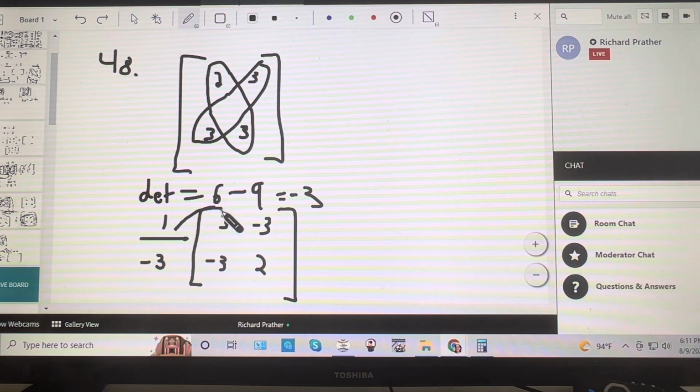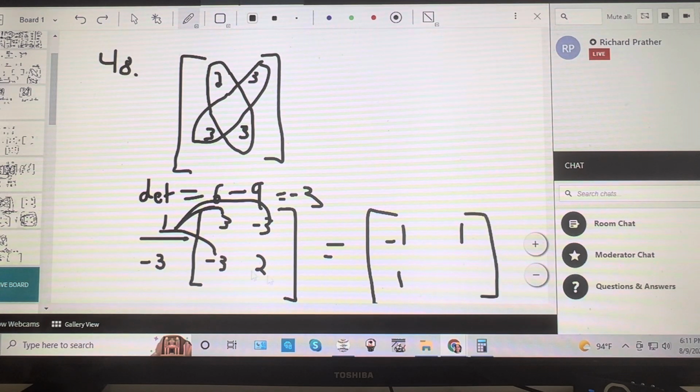And then you have to distribute this in. -1/3 times 3 is literally 3 over -3, which is -1. And then this one will be +1. This one will be +1. And this one doesn't reduce. You just get 2 over -3, or what would be -2/3.